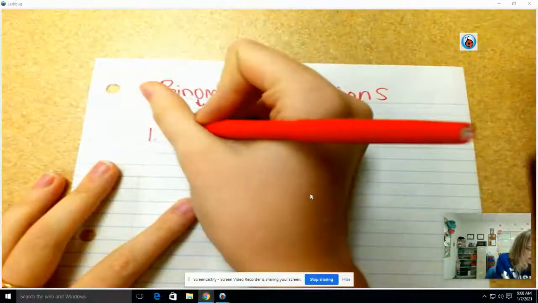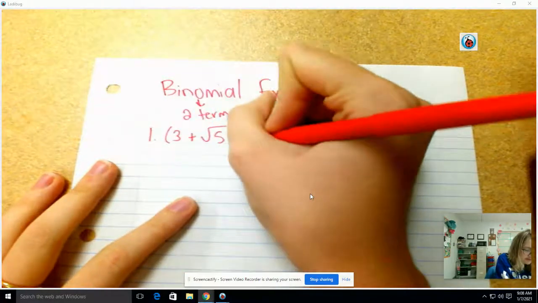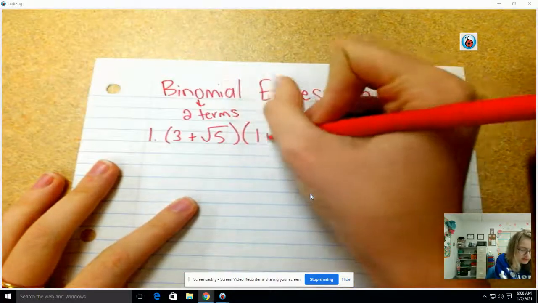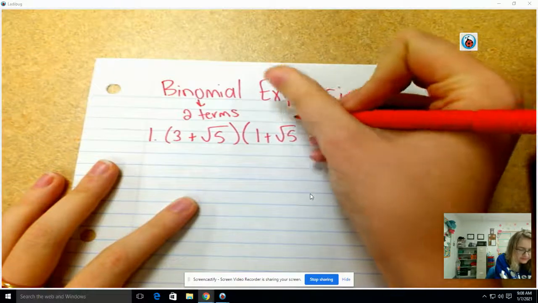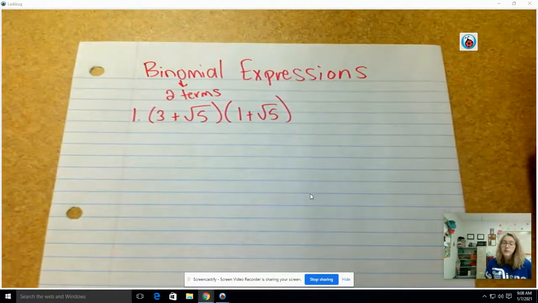For instance, our first example is 3 plus radical 5 times 1 plus radical 5. Since we are multiplying radicals, we have to check the indexes for multiplication. Yes, they both have the same index, so we're good there. Then we just have to remember our quote-unquote foiling method.